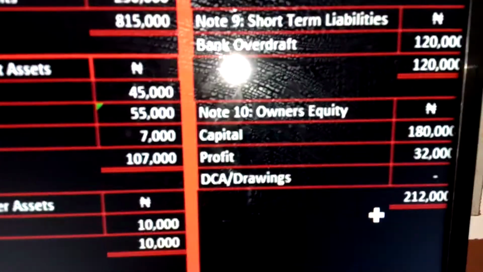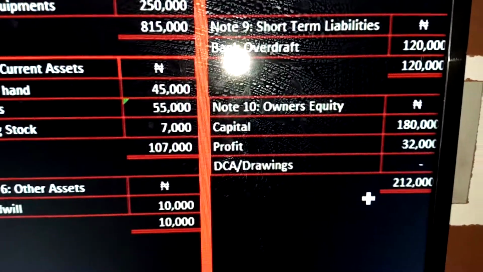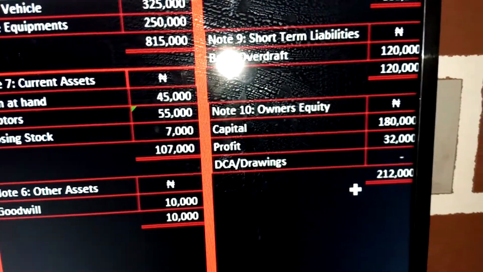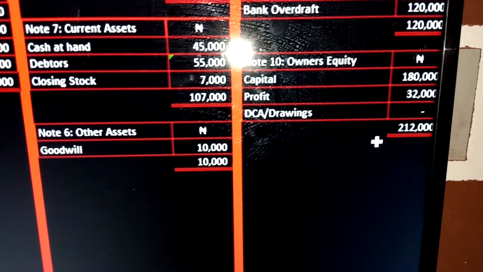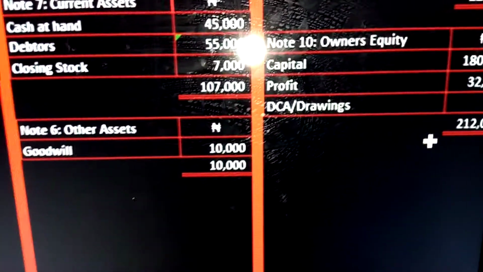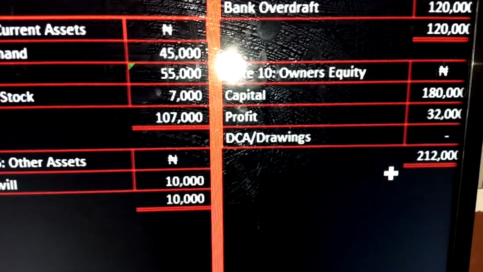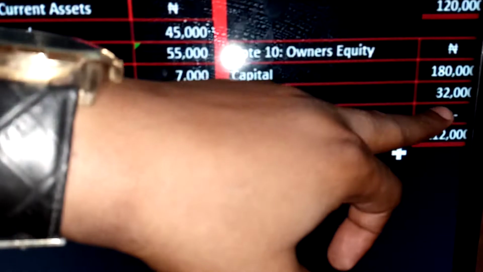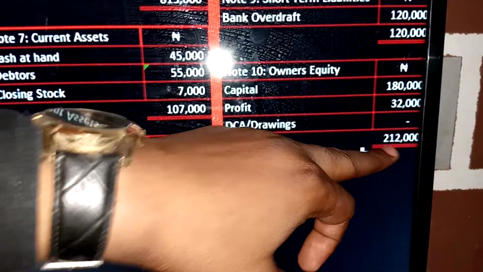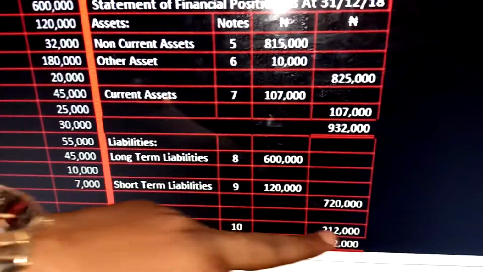That will increase your what? The owner's equity. Okay, I told you that profit or loss. Profit will increase the owner's equity. Loss will decrease the owner's equity. So you invested 180,000 as capital. You made 32,000 as profit. That will increase it. So there's no drawings based on this question. So when you add 32,000 to 180, you have 212,000. That's what we have here as your owner's equity.